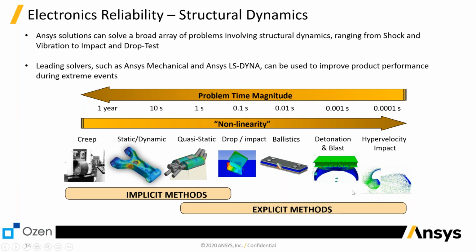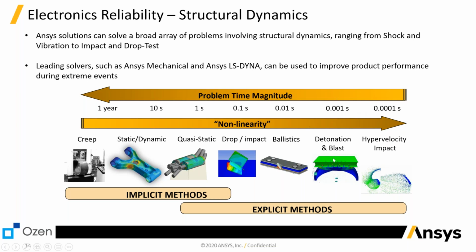So explicit solvers really are very powerful when we are doing ballistics, detonations, blast simulations, hypervelocity impact simulations. As you see, these things happen of the order of milli to microseconds.